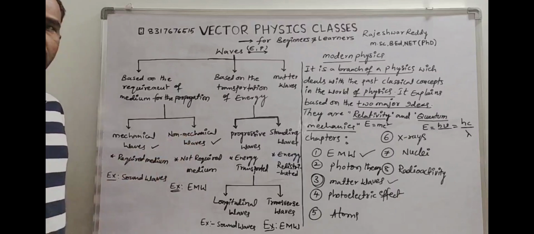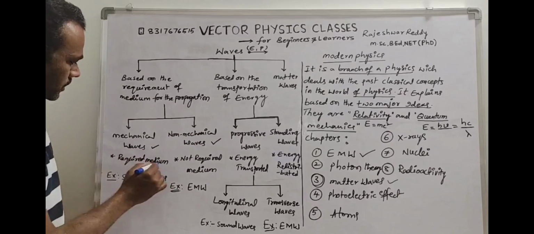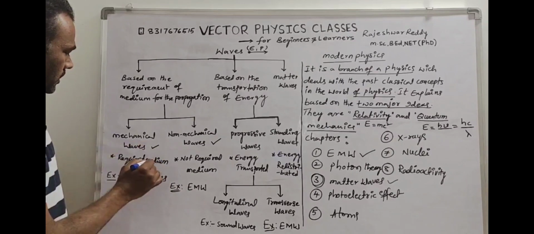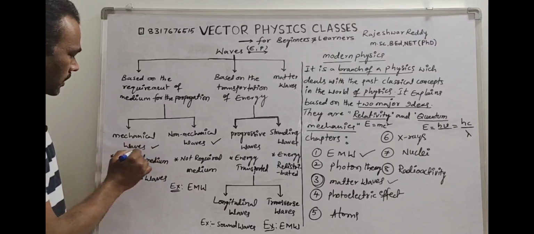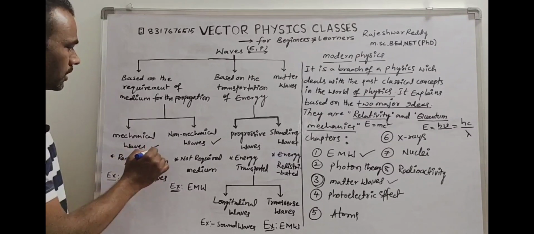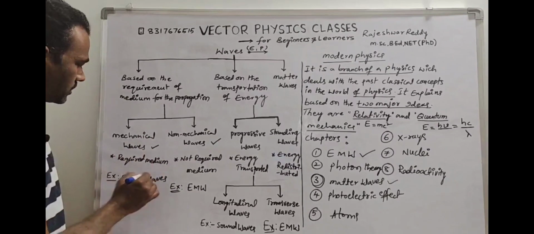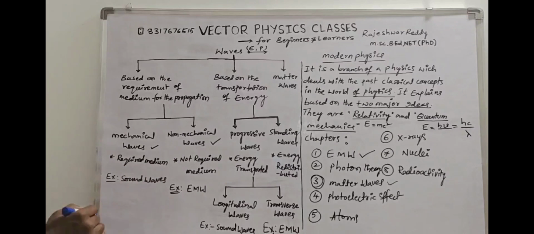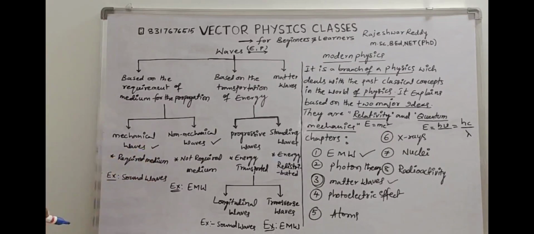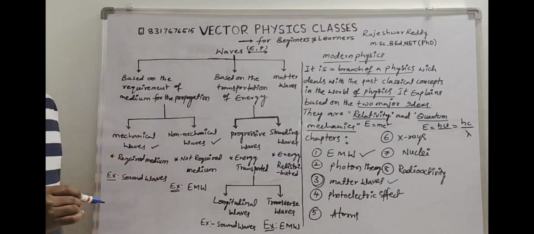Mechanical waves require a medium for propagation. Without a medium, they do not travel. The best example is sound waves. In vacuum, mechanical waves cannot travel because they require a medium.